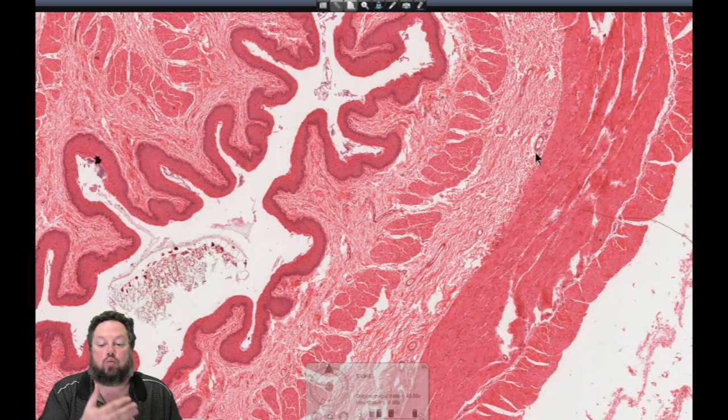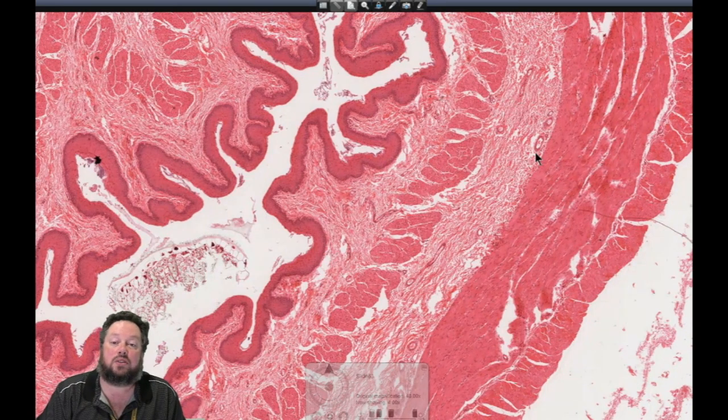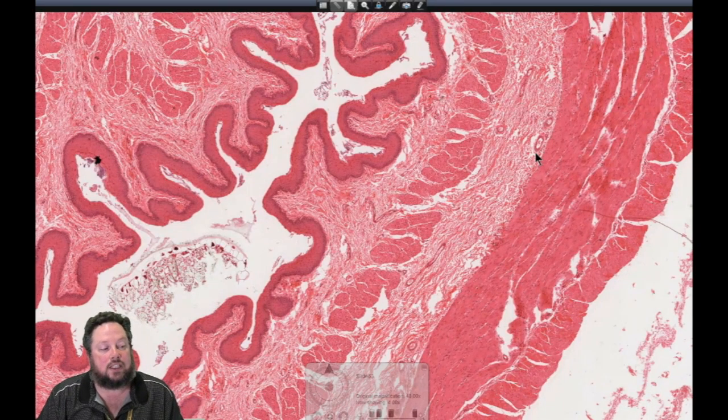As I was saying, one of the ways to distinguish whether you're looking at a section of the upper third, middle third, or distal third of the esophagus is to look at the composition of the muscle tissue within the wall. What kind of glands do we find in the proximal and distal thirds of the esophagus? These are largely lubricating mucus glands.